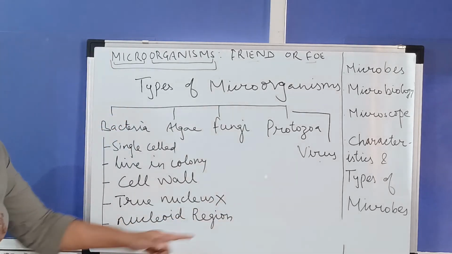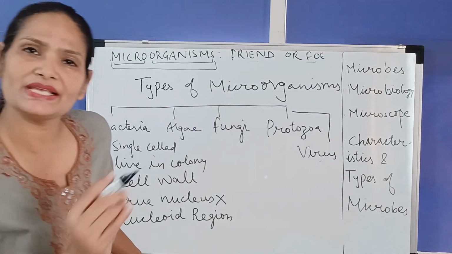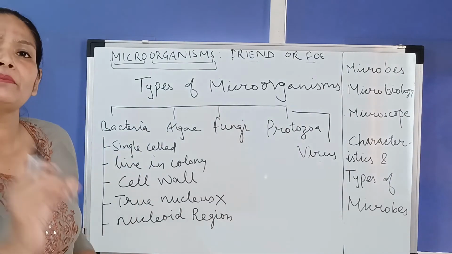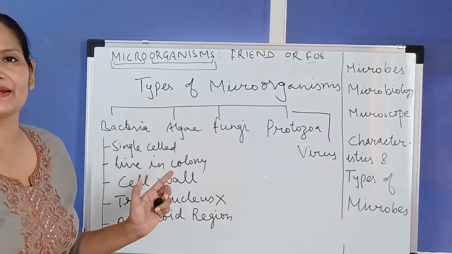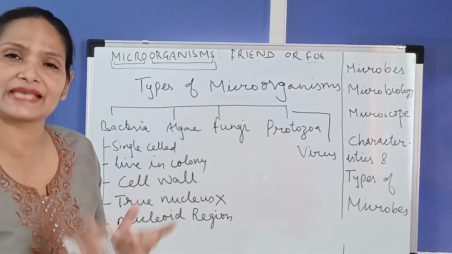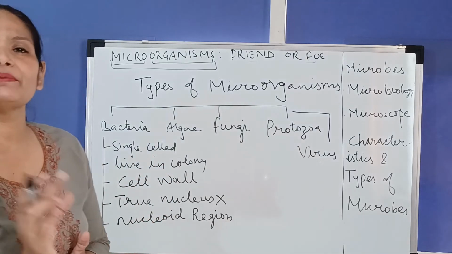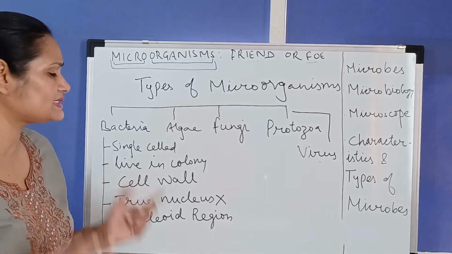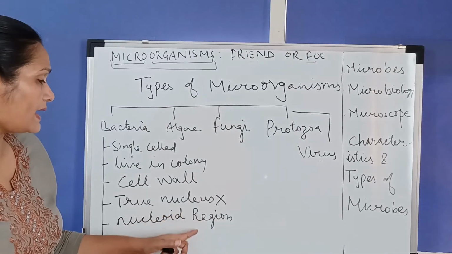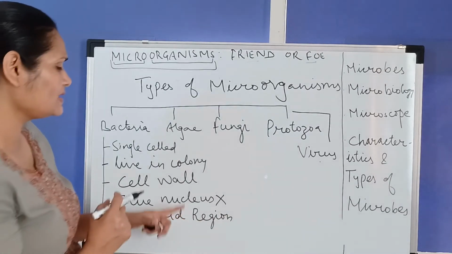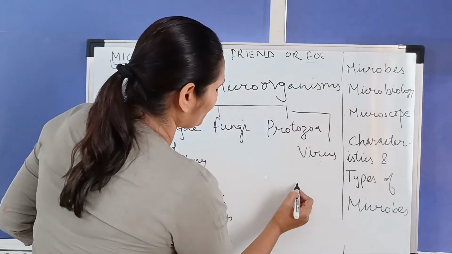Now in this nucleoid region, the nucleus does not contain a membrane, but the DNA is present in the bacteria. However, that DNA is scattered. It is not bound in a membrane bound nucleus. It is seen scattered in the bacteria, and that region is called the nucleoid region, right?